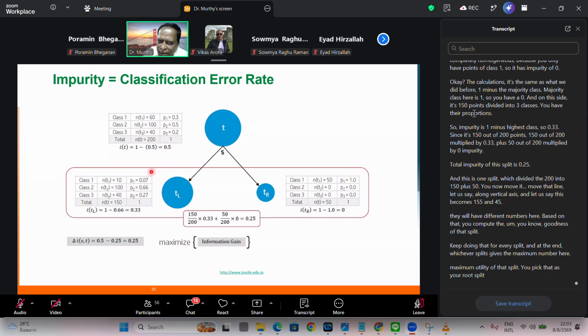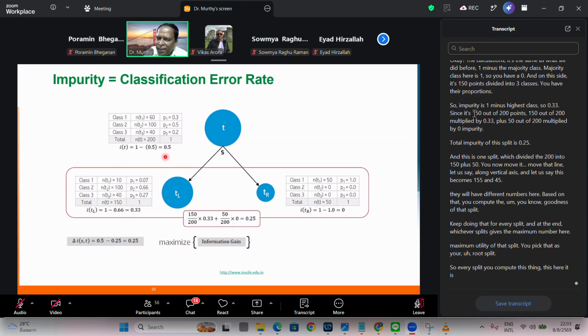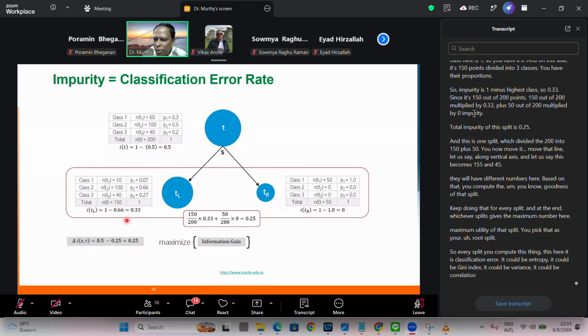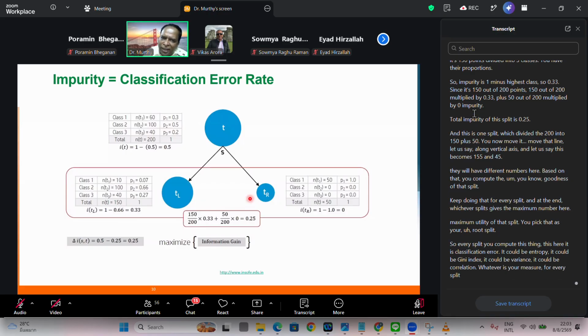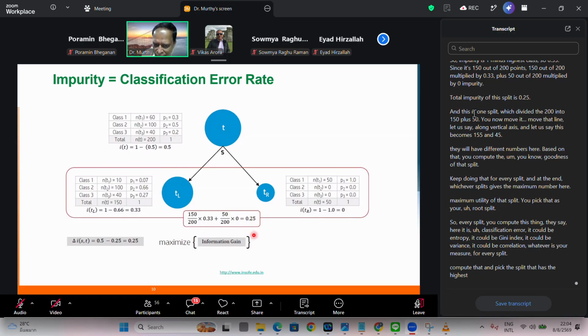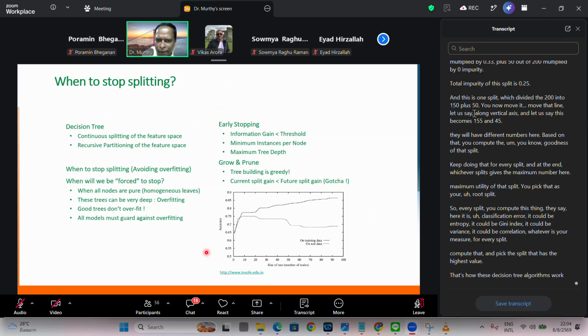So for every split you compute this thing, here it is classification error. It could be entropy, it could be Gini index, it could be variance, it could be correlation, whatever is your measure. For every split, compute that and pick the split that has the highest value. That's how these decision tree algorithms work.